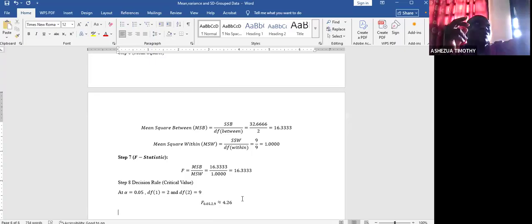You will check where you have degrees of freedom 1 and 2, that is 2 and 9, and where it intersects at 5% level of significance, you will observe that it's here. I'll send that table today, and when I print it, I will show you on the table how this value is gotten. It is 4.26.